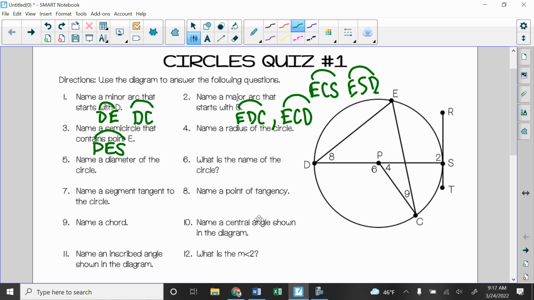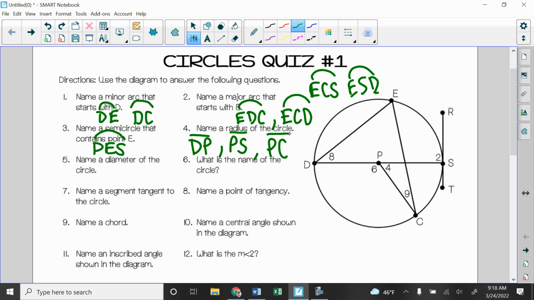Okay, name a radius. There's a bunch. DP, PS, I see one more. PC. If you had the reverse, PD, SP, CP, that's fine. A diameter.